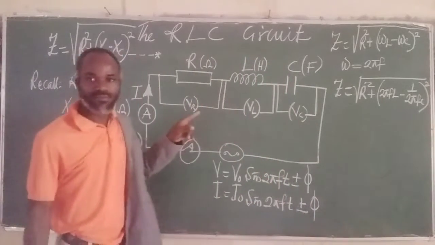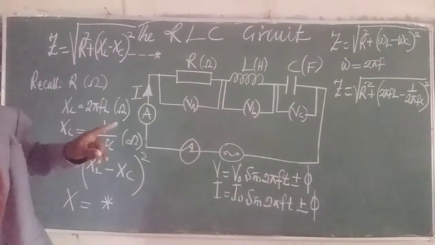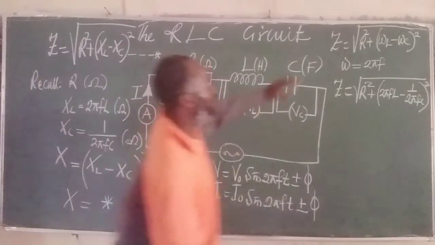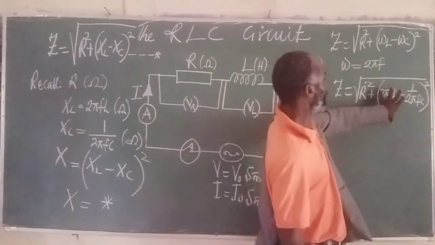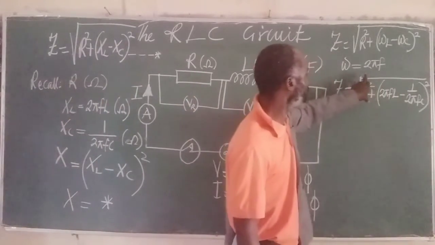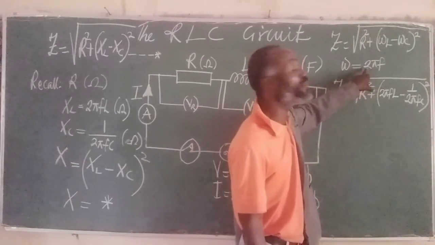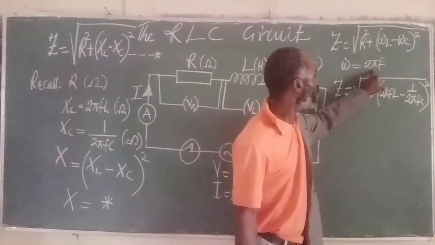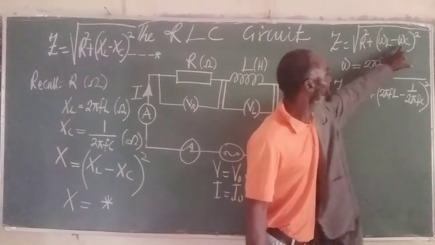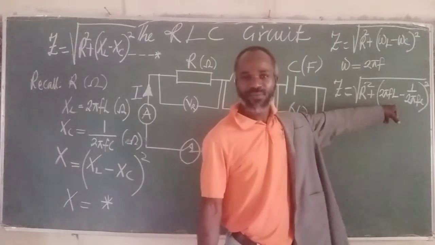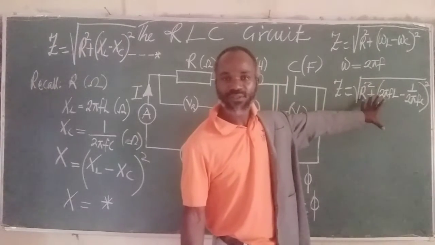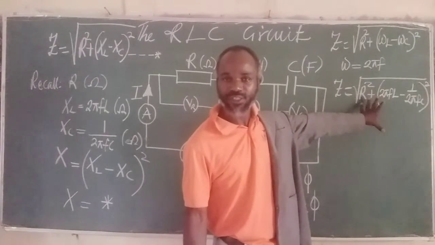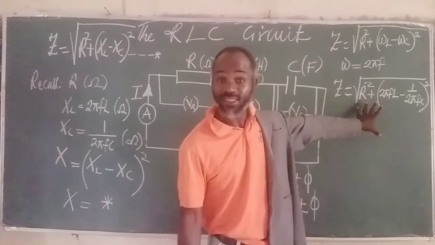Can you see that? Very simple. So this is the same as this, because we have successfully defined that omega here simply means 2 pi f. If we take 2 pi f, put it here and there, we arrive at this. It's not difficult. It's very simple and clearly explained.